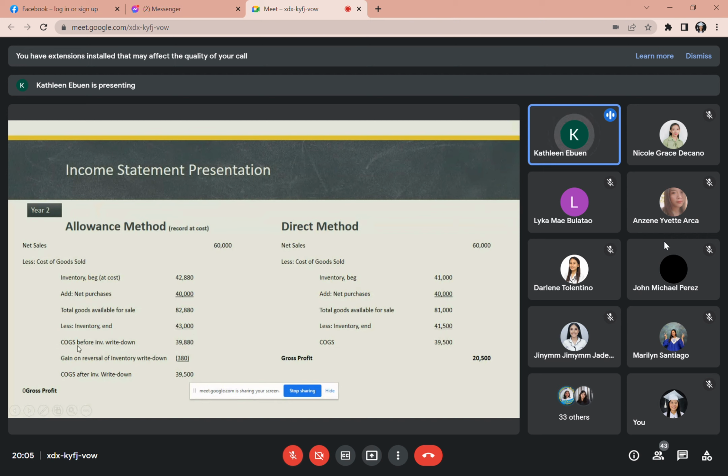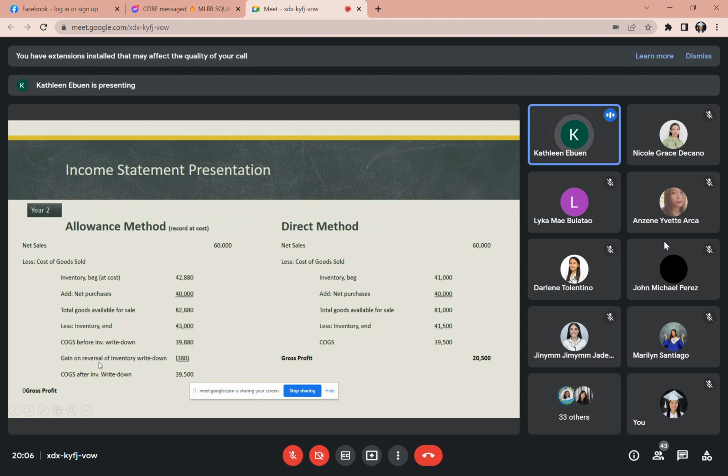So, therefore, ang cost of goods sold natin before inventory write-down is 39,880. 82,880 minus 43,000 is 39,880. And then, i-reflect natin class si gain on reversal of inventory write-down.